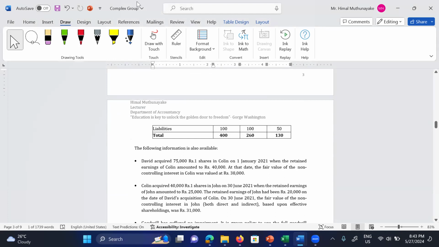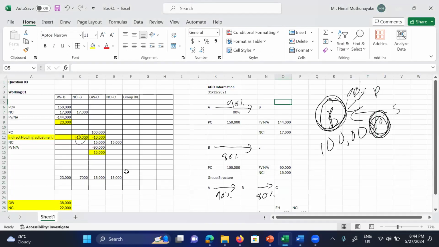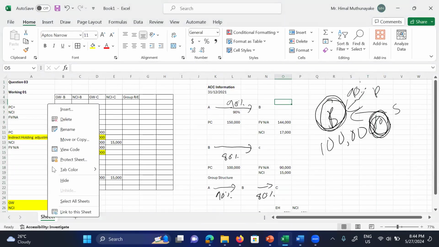Yes, to calculate the goodwill. We'll take the same thing.